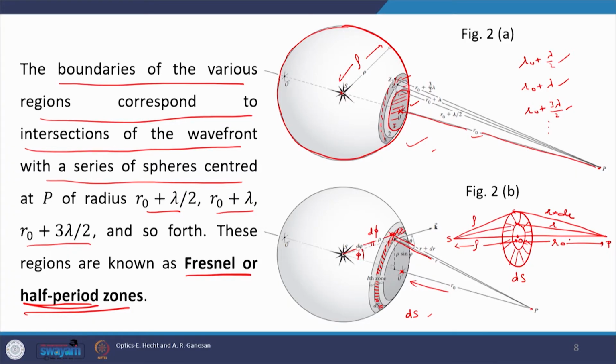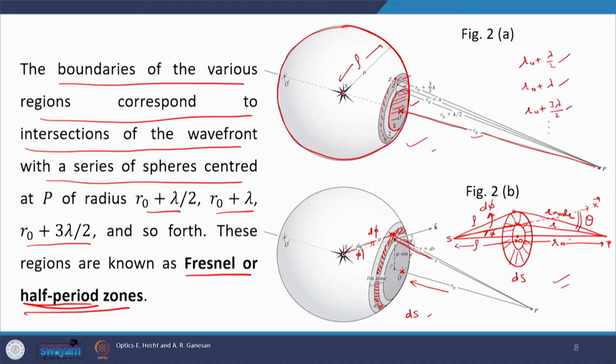Now, say this angle is phi and this angle is d phi. With this we can easily calculate the area element ds. And one more point, this is the wave vector k direction. Therefore, this angle would be the angle theta. Hope this picture is quite clear to you all.